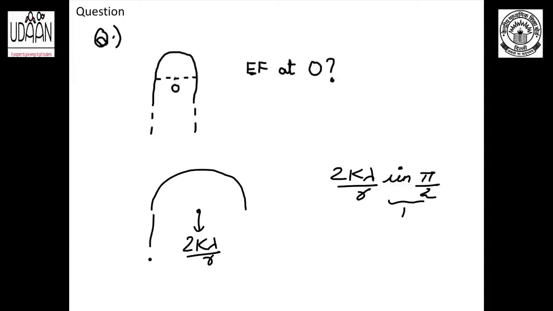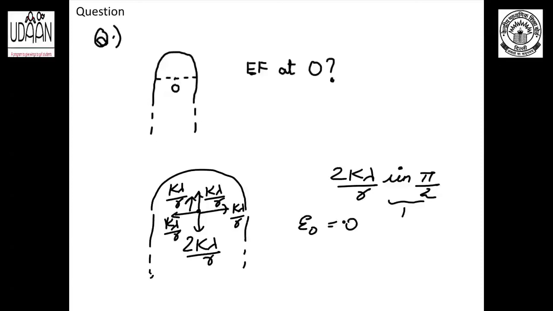Now due to this semi-infinite wire, it would be k lambda by r and k lambda by r. And due to another semi-infinite wire, we will have k lambda by r and k lambda by r. So the net electric field at O would be equal to 0.